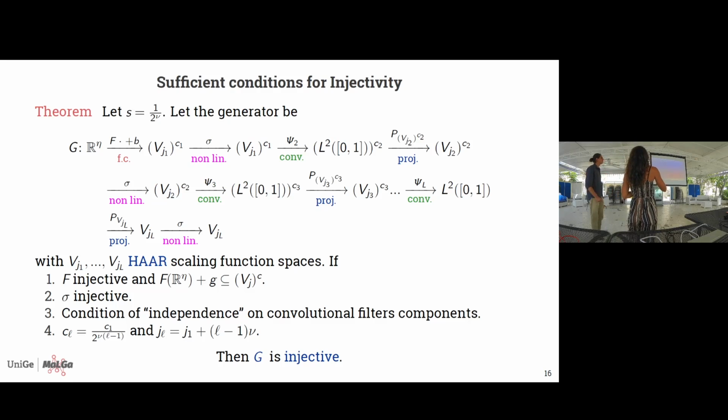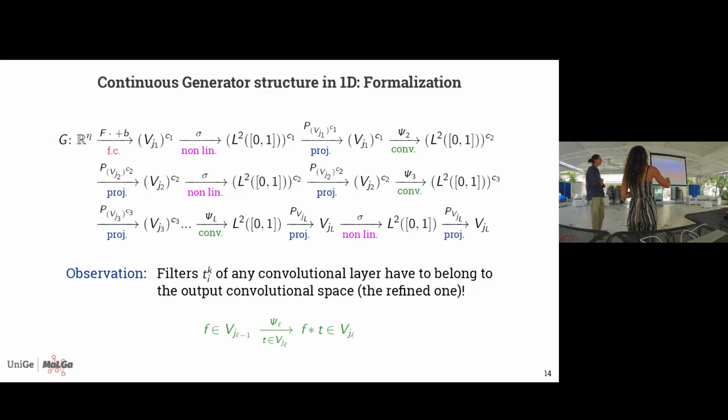Because we use the R space to simplify the generator structure. Without using the R space, there would be a projection after the nonlinearity, because we are not sure that this nonlinearity gives us a function in the Vj space.